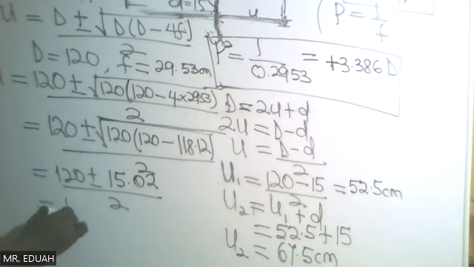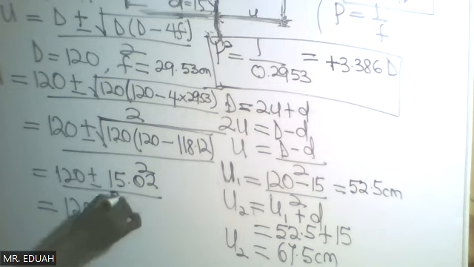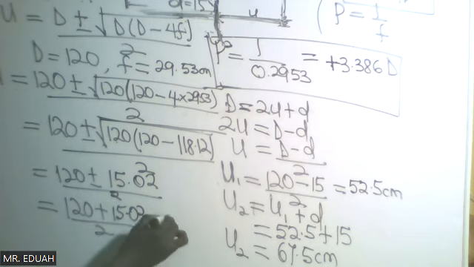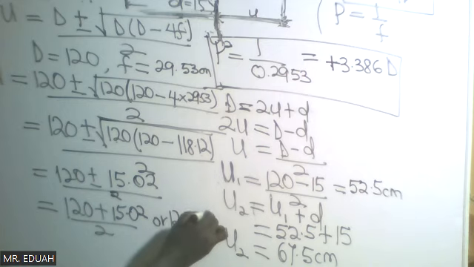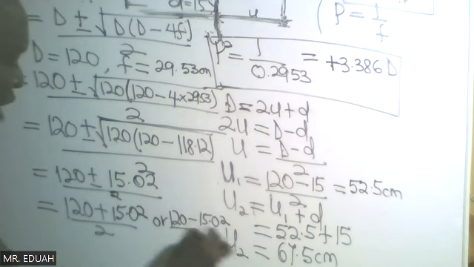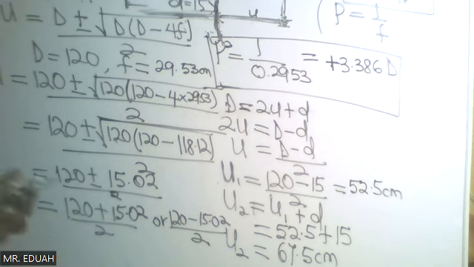So either 120 plus 15.02 divided by 2, or 120 minus 15.02 divided by 2. These are the two possible answers you have.